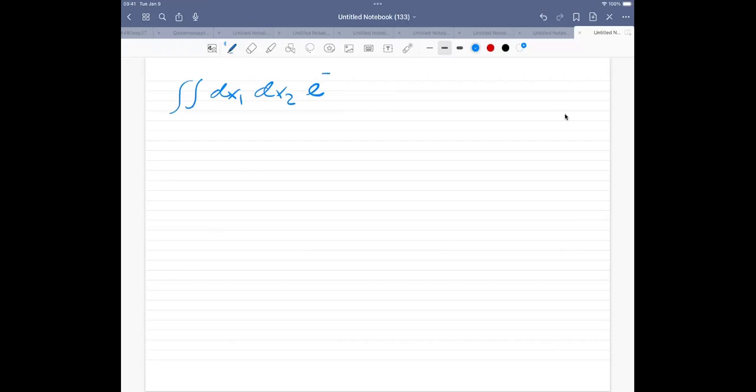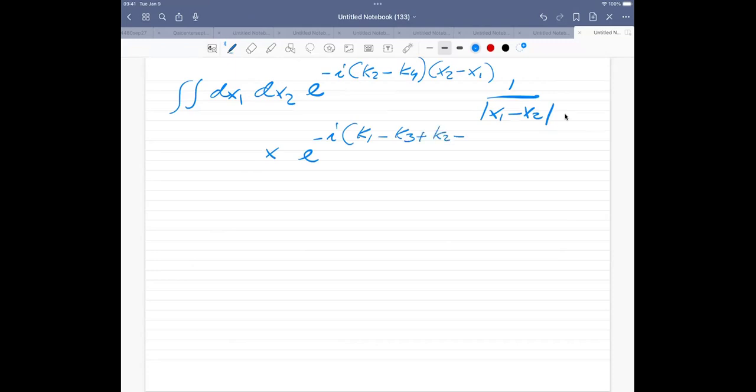I have e to the minus i K4 times x2 minus x1, multiplied with 1 divided by the absolute value of x1 minus x2, and multiplied with e to the minus i times K1 minus K3 plus K2 minus K4 times x1.